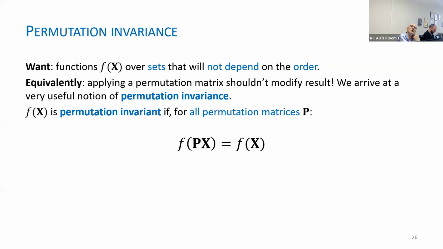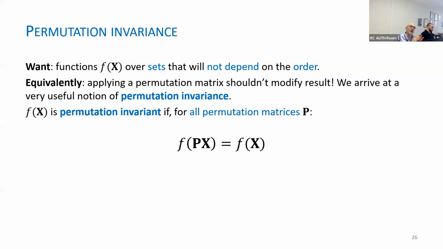Okay, so as I introduced before, something that we would like to obtain is invariance to permutation. We would like that if we consider a function f over a set, the output of that function will not depend on the order.